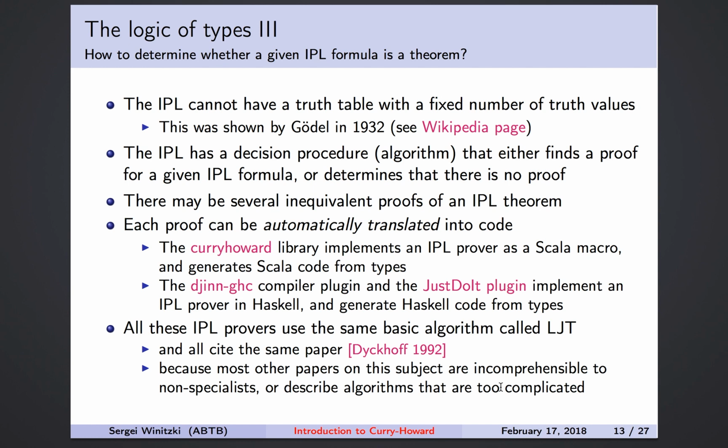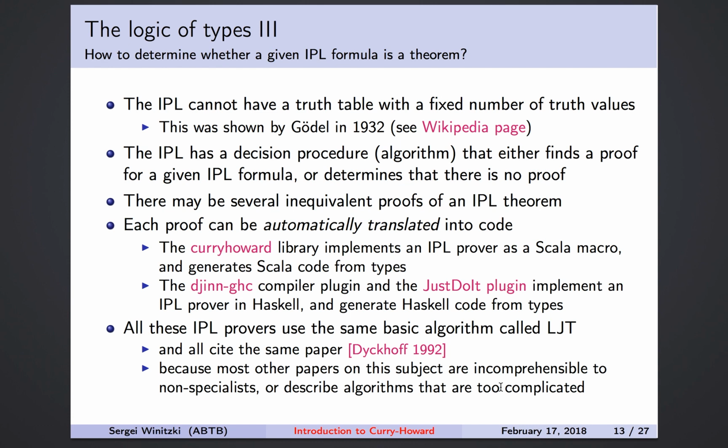Now, in Boolean logic, the usual way of deciding whether something is true or something is a theorem is to write a truth table. Unfortunately, the intuitionistic logic cannot have a truth table. It cannot have a fixed number of truth values, even if you allow more than 2 truth values, such that the validity of formulas, the truth of theorems, can be decided on the basis of a truth table.